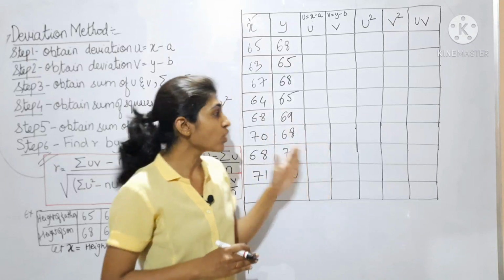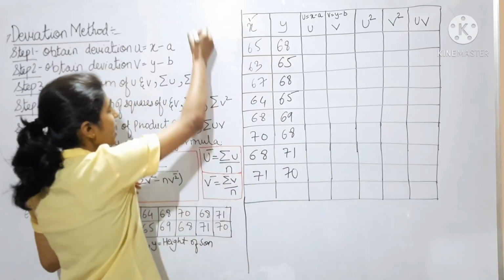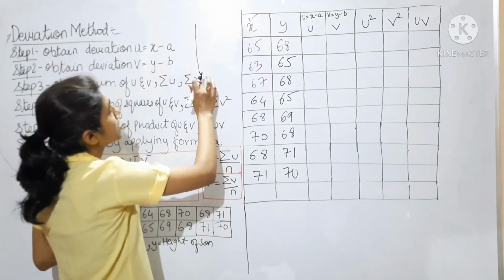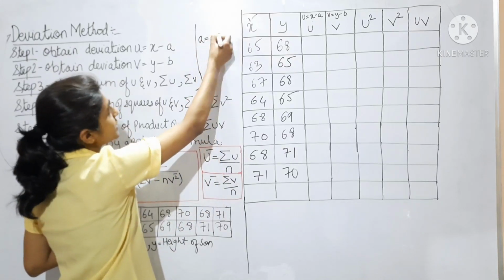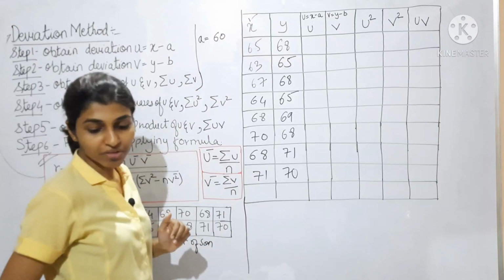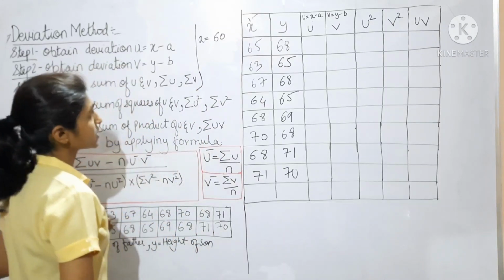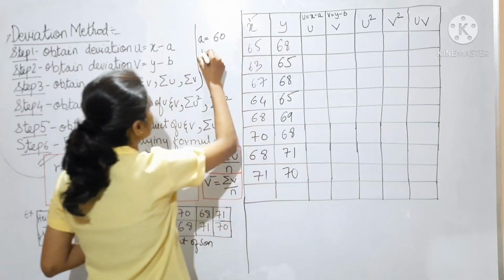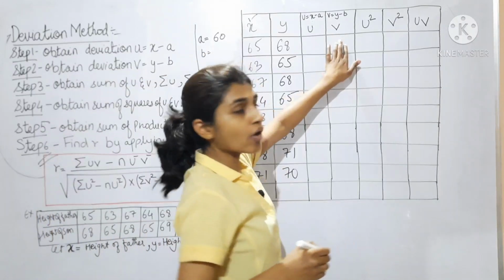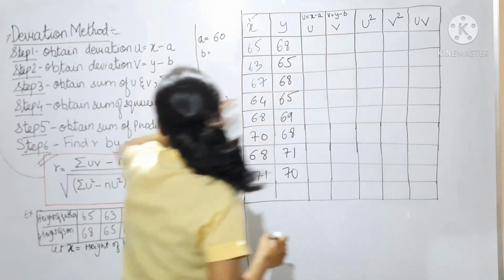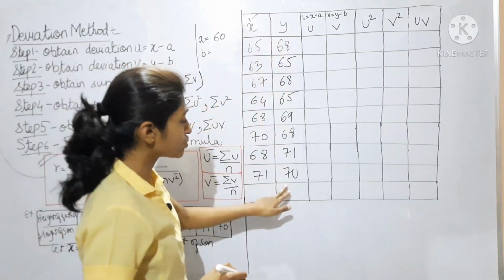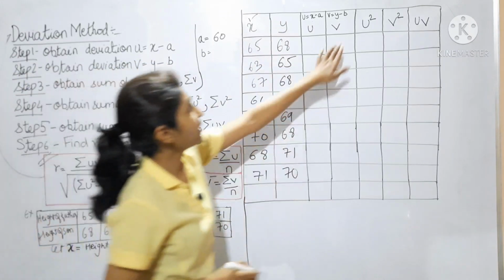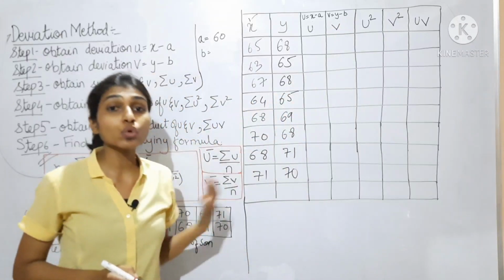So I will consider a as 60, and b as, now see, for v also, how can we find v? v is equal to y minus b. b also we have to assume one number.